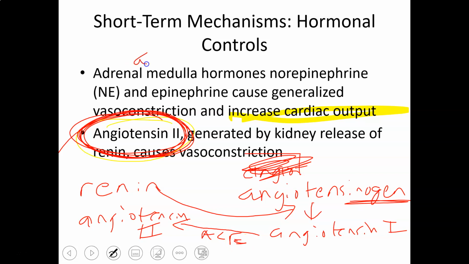ACE stands for angiotensin converting enzyme. What it does is convert angiotensin 1 into angiotensin 2.